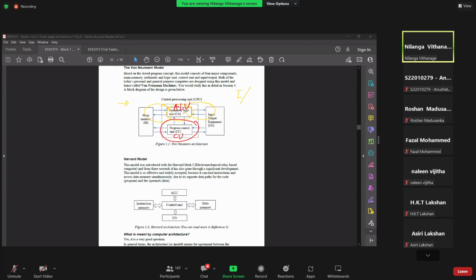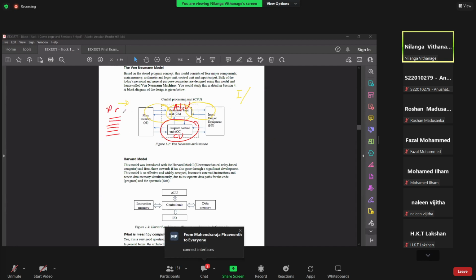Can somebody tell me what's the function of the control unit? The control unit controls the other parts of the computer. Yeah, basically it handles all the controlling part, right? So normally we provide instructions using programs and using input devices.